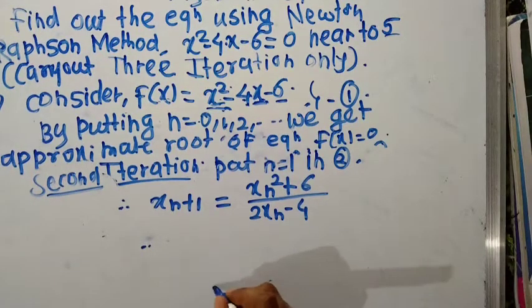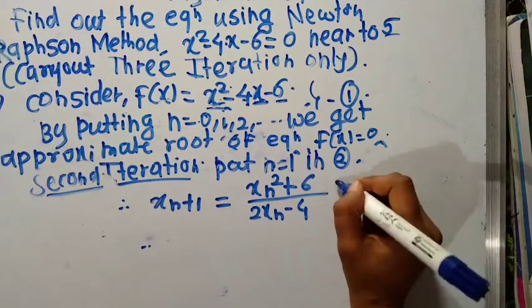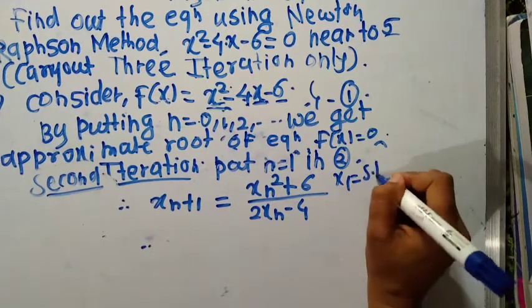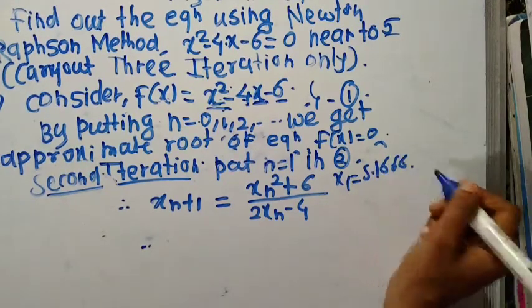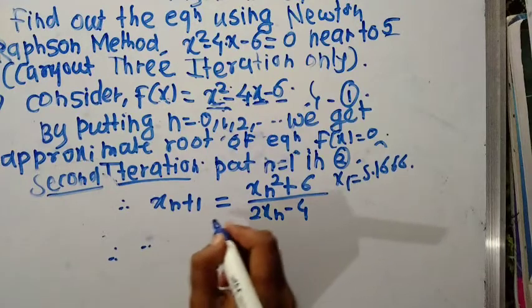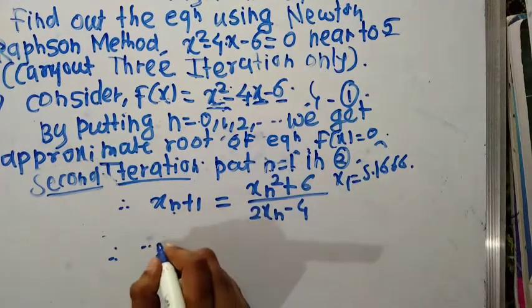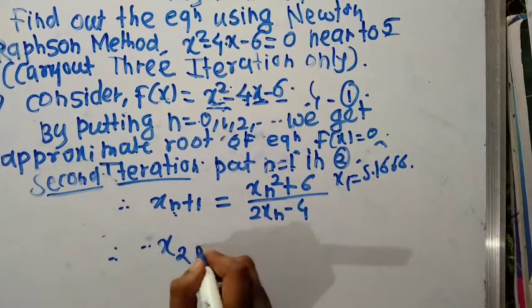So here x1 is equal to 5.1666. So here, n is equal to 1, put it, 1 plus 1 is 2.